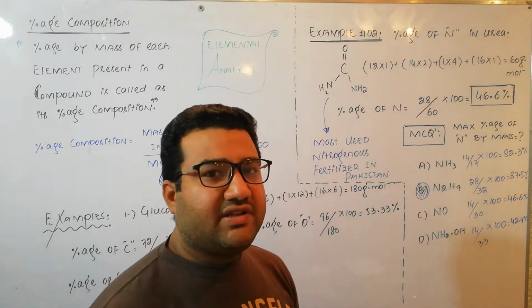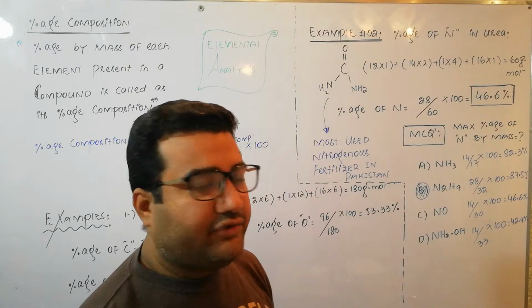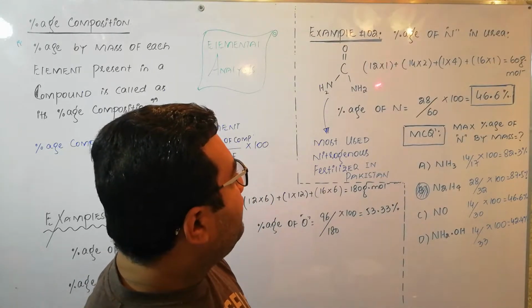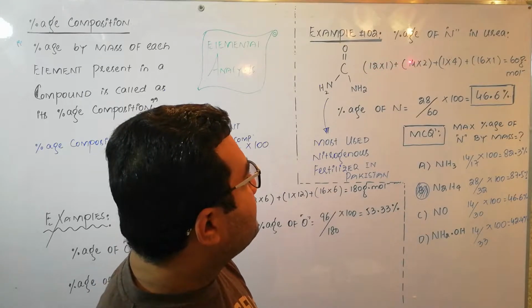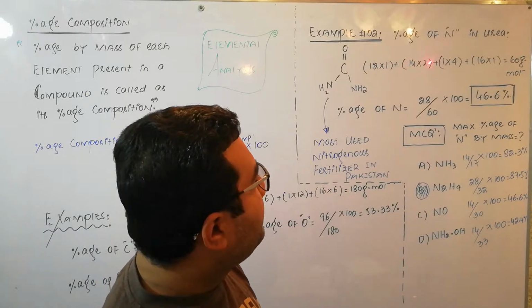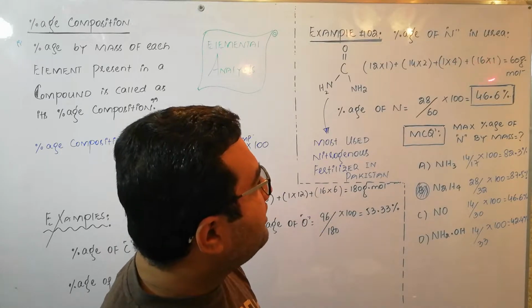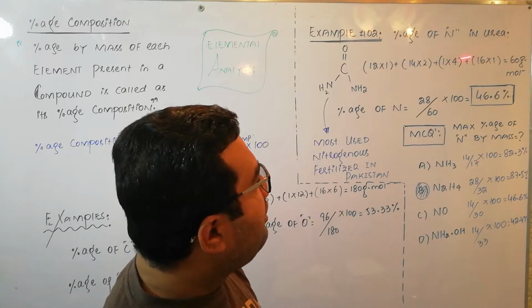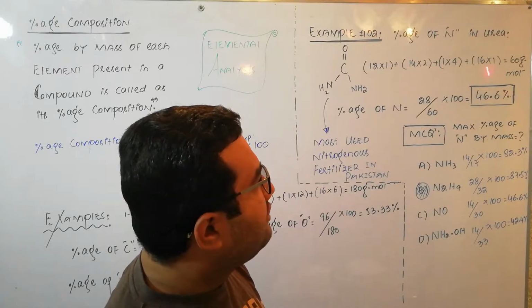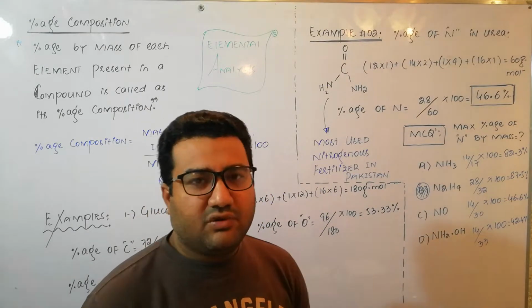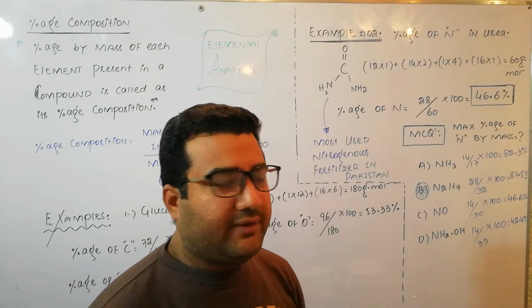So let us first calculate the molar mass of urea. 12 into 1 carbon, plus 14 into 2 nitrogen, plus 1 into 4 hydrogen, plus 16 into 1 oxygen. When we sum all these masses, it comes out to be 60 grams per mole, which is the molar mass of urea.